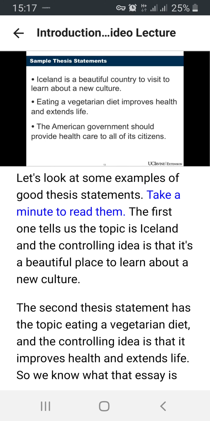The first one tells us the topic is Iceland, and the controlling idea is that it's a beautiful place to learn about a new culture.